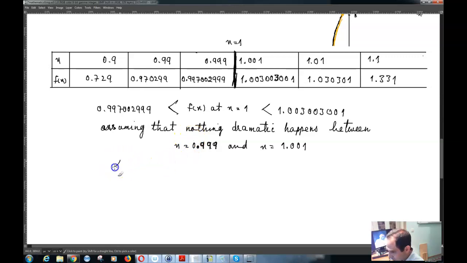So I can write the limit of f of x when x tends to 1 from the left is equal to 1. And similarly, when x approaches 1 from the right, f of x should be taking the value 1, meaning that the limit of f of x when x tends to 1 from the right is equal to 1.